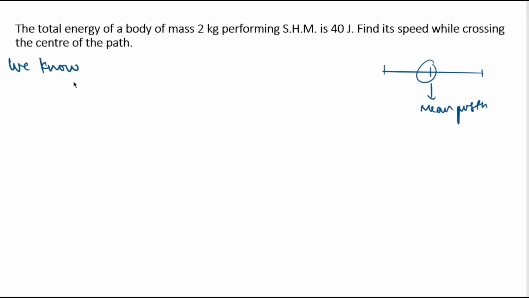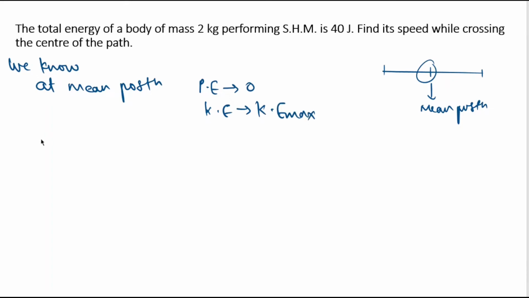We know for a body performing SHM at mean position, the potential energy is 0 and kinetic energy is maximum, which implies our total energy, which is nothing but kinetic energy plus potential energy, is equal to kinetic energy max, because all the potential energy is given to the kinetic energy at mean position, and as it goes to the extreme positions, the kinetic energy becomes 0 and potential energy becomes maximum.